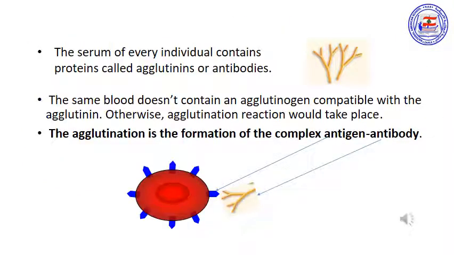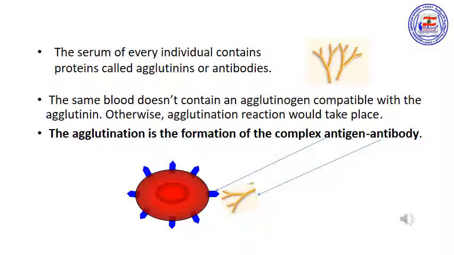The serum of every individual contains proteins called agglutinins or antibodies, as we said before. They are represented in the opposite figure. You see these antibodies. They are proteins having a Y shape, and we're going to discuss in detail the structure of these antibodies in document 6.